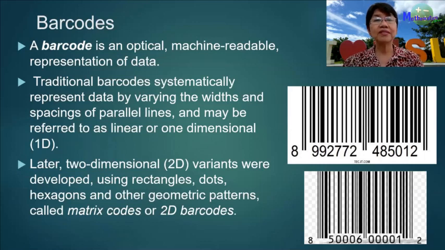Traditional barcodes systematically represent data by varying the widths and spacings of parallel lines and may be referred to as linear or one-dimensional barcodes. Later, two-dimensional or 2D barcode variants were developed using rectangles, dots, hexagons, and other geometric patterns called matrix codes or 2D barcodes.